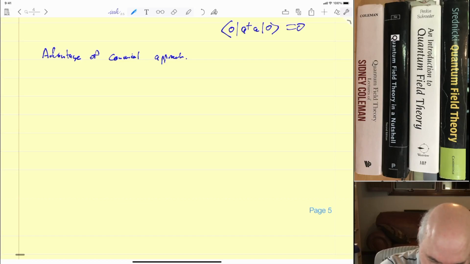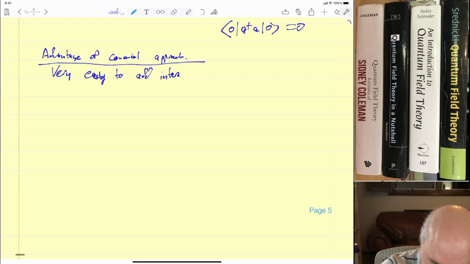The answer is very easy, and this also applies to the Feynman path integral. It's very easy to add interactions. So far we've only treated a free theory. But if we want, we can just go L goes to L minus lambda phi to the 4th.